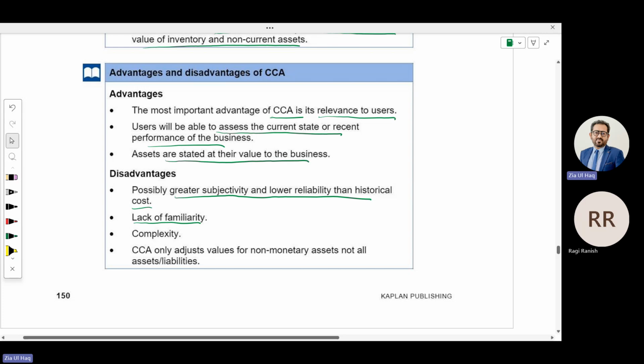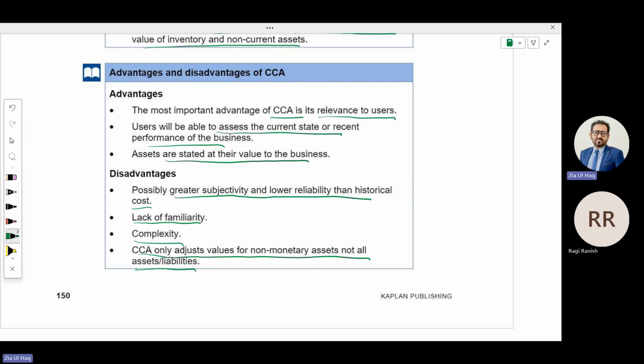The old car was stronger than the new model of cars. There could be complexity in calculation. Current cost accounting only adjusts value for non-monetary assets, not all assets and liabilities. Monetary assets will remain the same. It does not cover the whole financial statement. Receivables, payables, loans will remain the same.